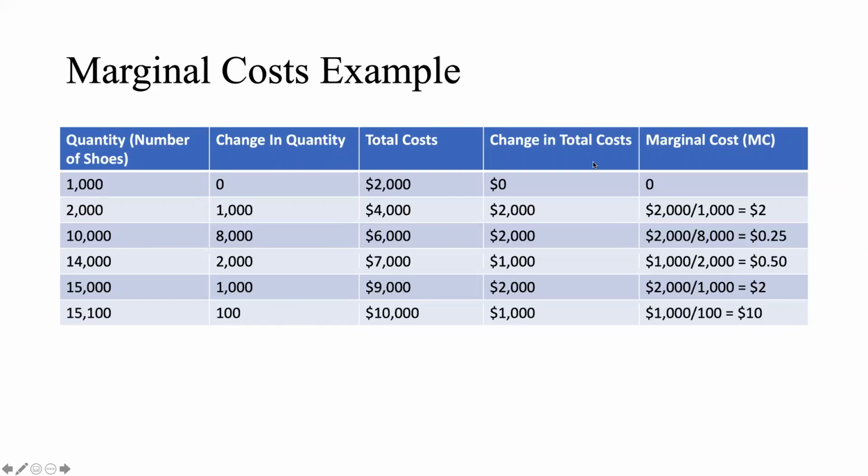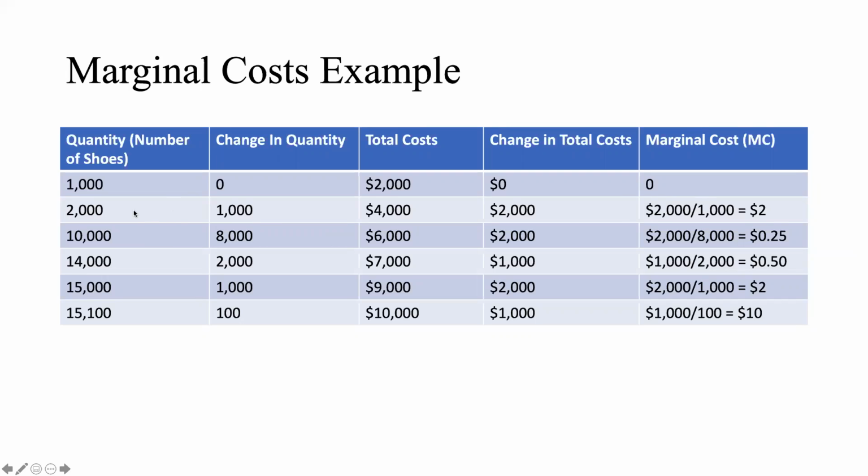So remember, to determine marginal cost, we need to take the change in total cost and divide that by the change in quantity. So to do that, we're going to take 2,000 in this first example, divided by the change in quantity, so 1,000, moving from 1,000 to 2,000, and that's going to give us a marginal cost of 2.